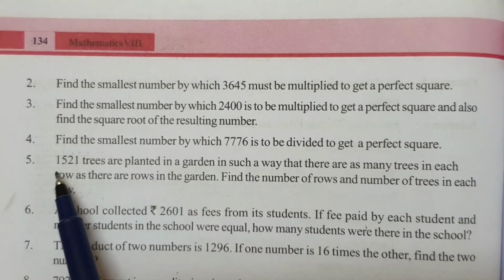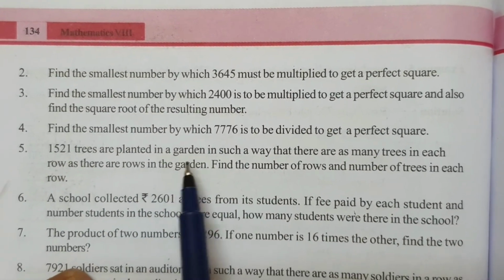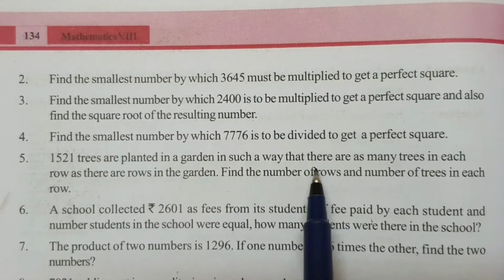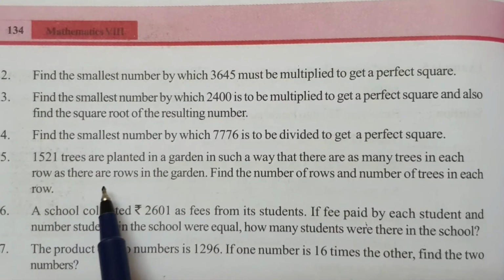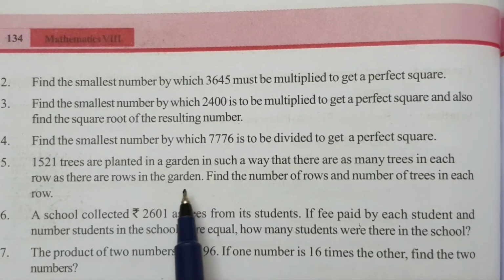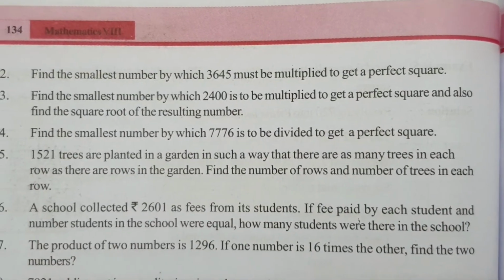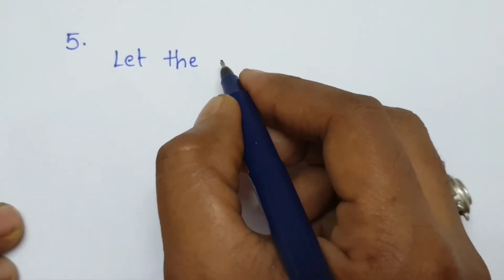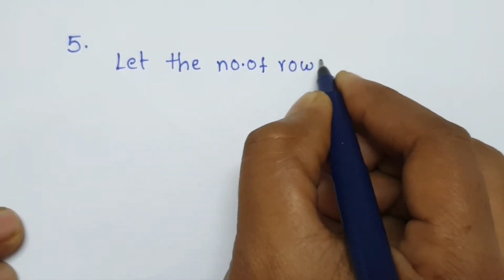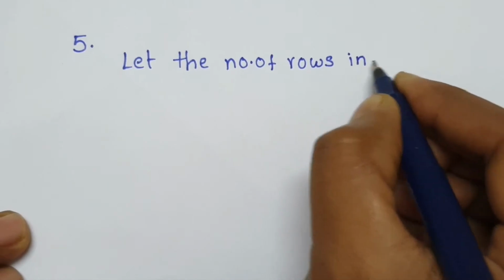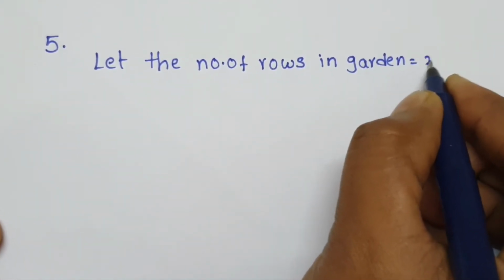Fifth question. 1521 trees are planted in a garden in such a way that there are as many trees in each row as there are rows in the garden. Find the number of rows and the number of trees in each row. Answer. Let the number of rows in garden equal to x.